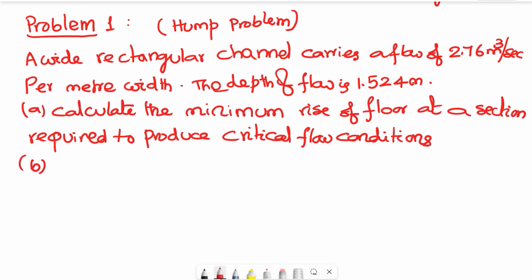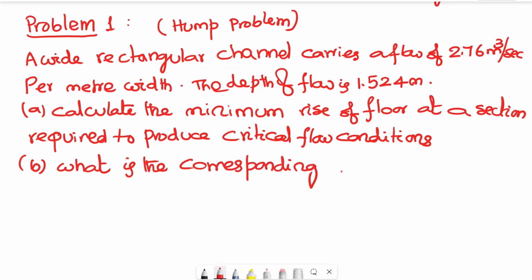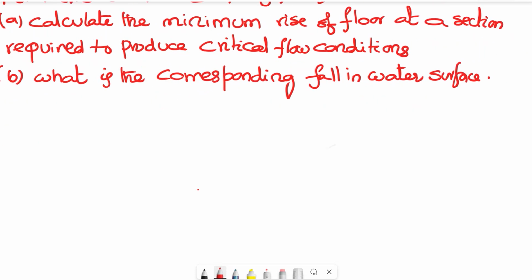The second question is, what is the corresponding fall in water surface? So this is the problem.